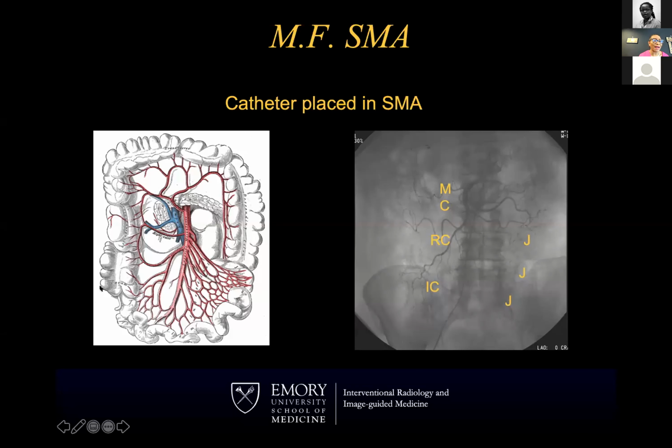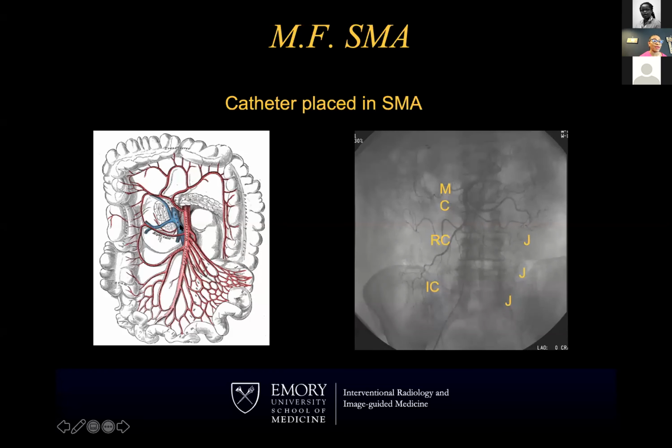So if we go back to our Netter image and we thought, okay, fine, we're going to select the superior mesenteric artery, we can see Dr. Gichoya's MRA that you were saying here, for the middle colic artery, right colic artery, and the iliocolic artery, and all these other branches being jejunal branches.